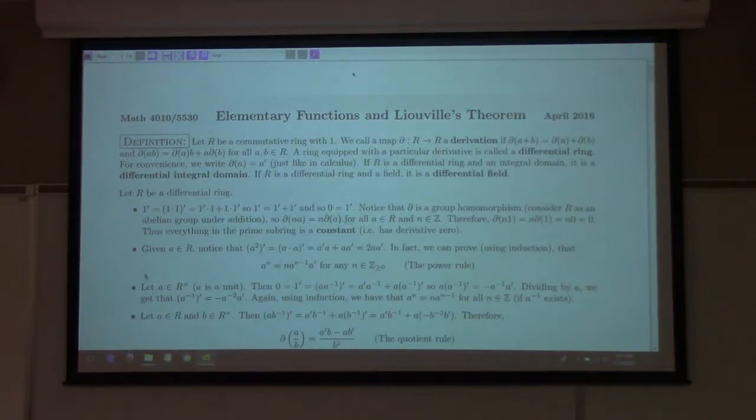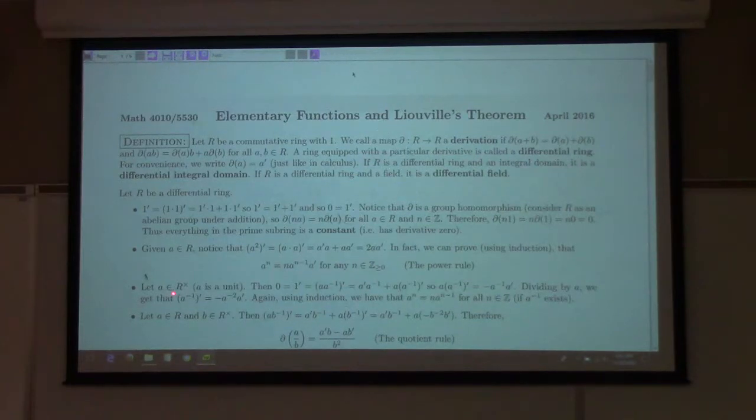Let's move on. So he also basically proves the sort of chain rule here, right? If you have an element a squared, you get the Leibniz rule, but then that gives you 2aa prime. So essentially you have a chain rule built from these formal algebraic rules, and you can prove that by induction.